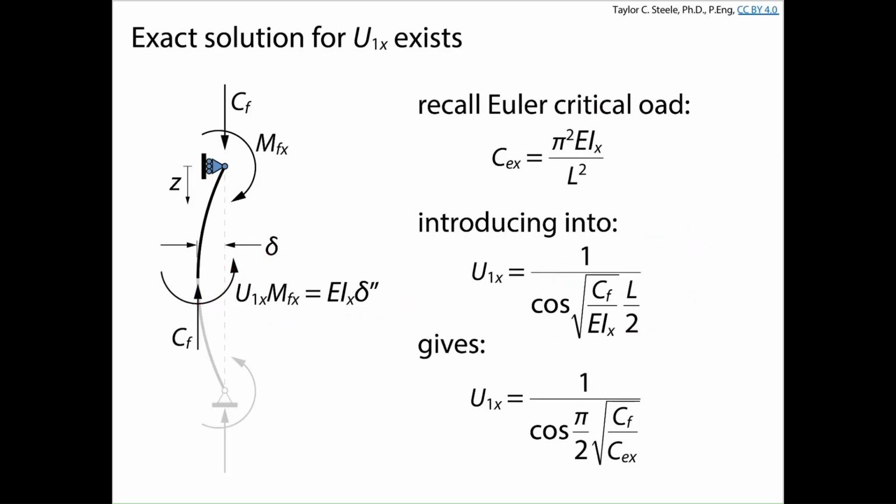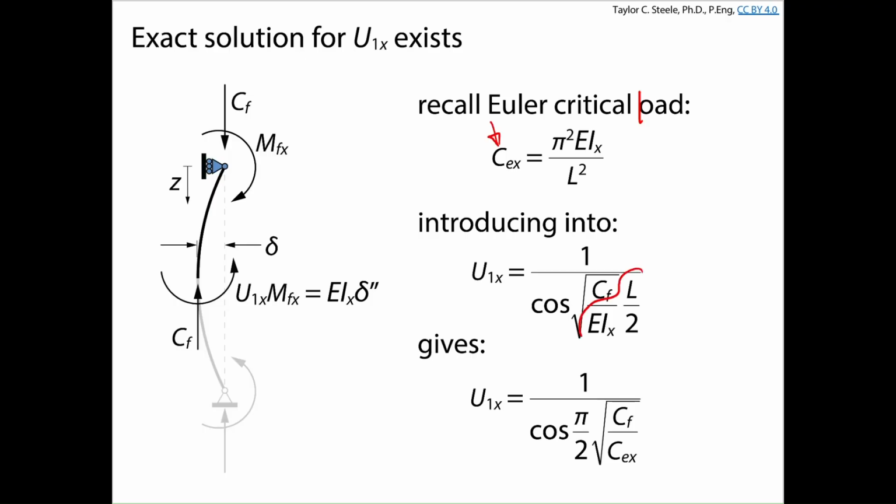Now we're going to do some simplification. We'll define the Euler elastic critical buckling load about the strong axis, which is what we're looking at here. The elastic buckling load that would cause buckling about the strong axis is pi squared times EIX over L squared.